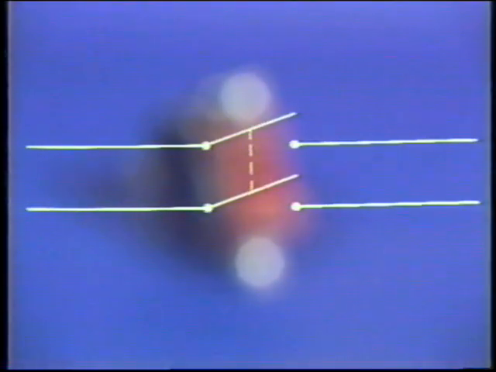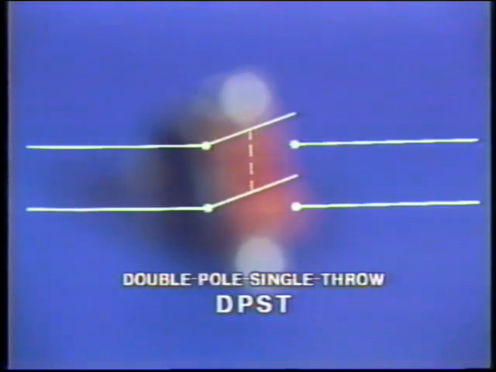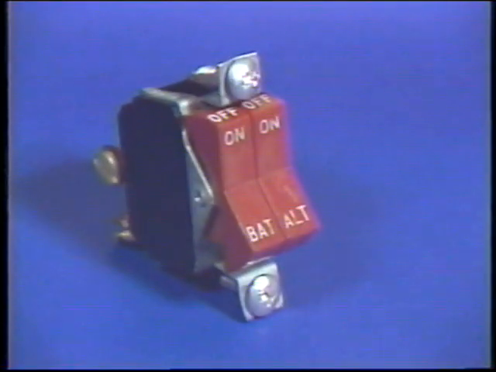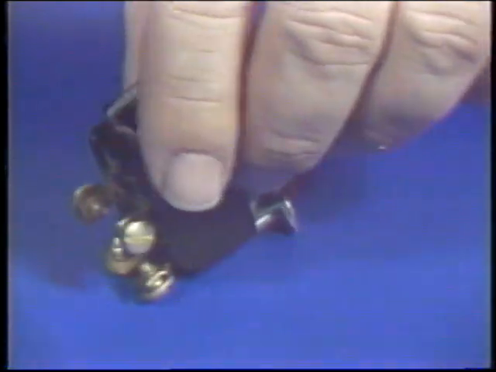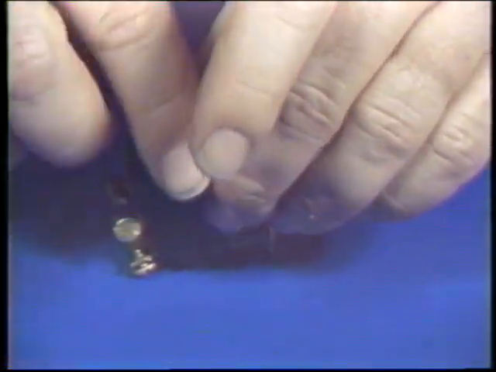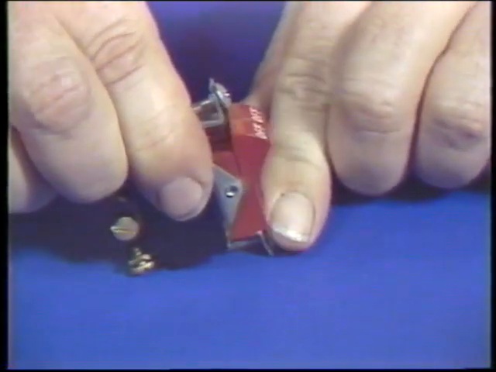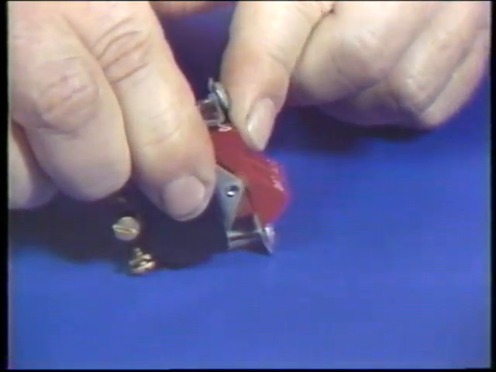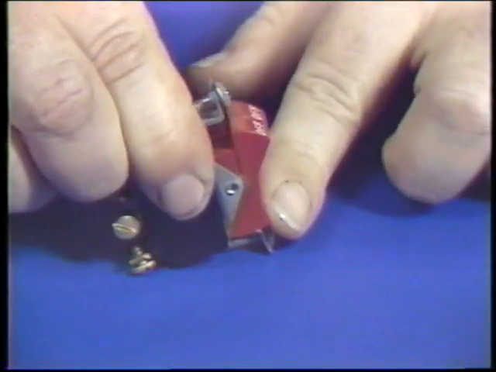A double pole, single throw, or DPST switch may be used to operate two different circuits. It has four connections and two positions and is often found in circuits that turn the battery and generator on and off.